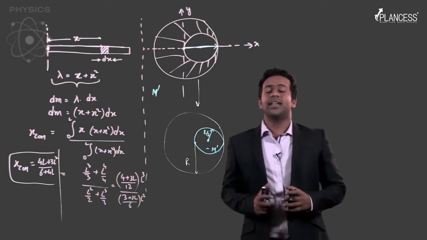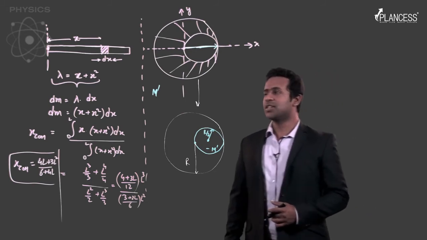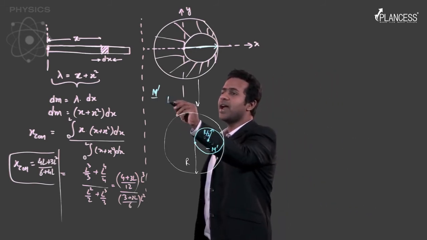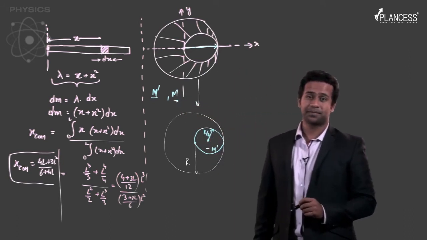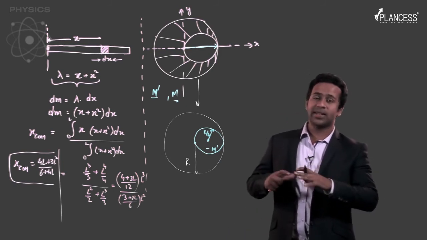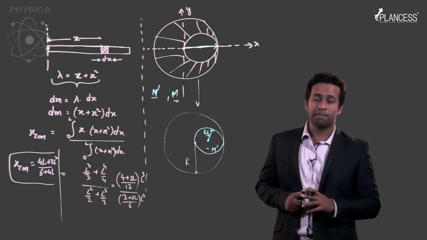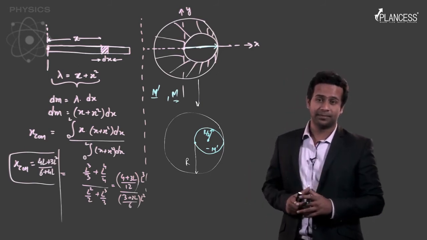So the first thing that we should try to do here is try to establish a relation between m dash and m, which is the mass of the original disk. Now, since we are assuming that mass is uniformly spread out, we see that mass is spread out over area, right?